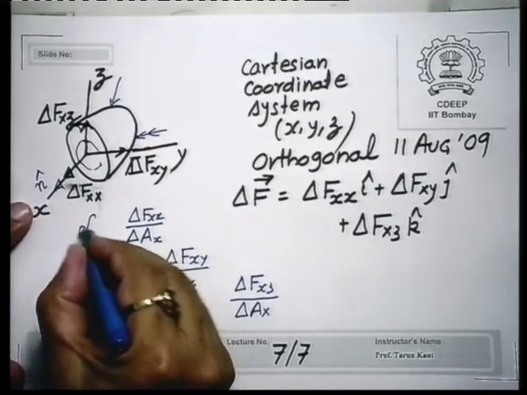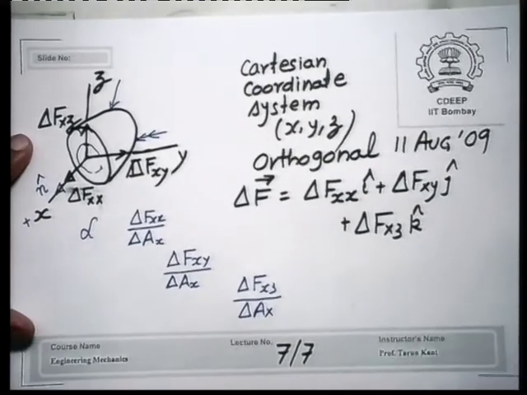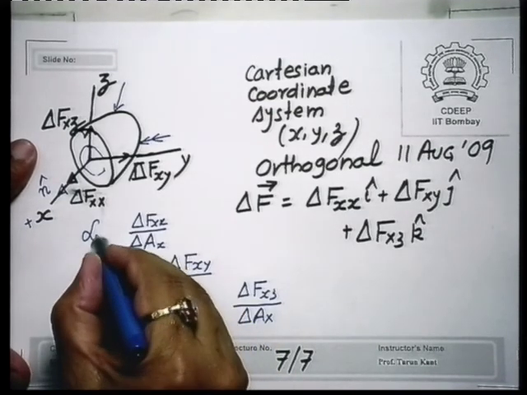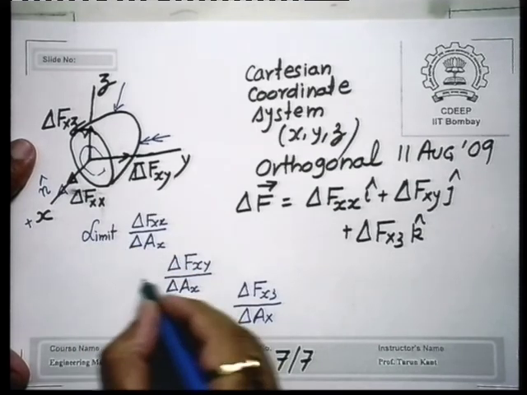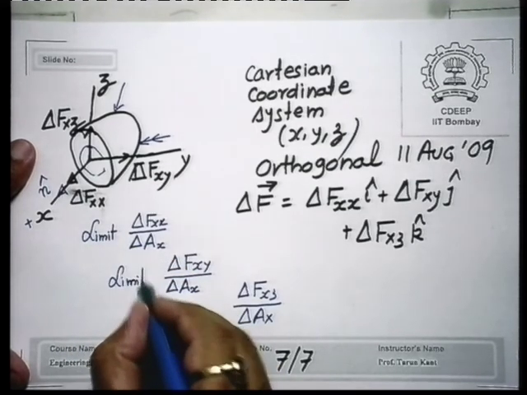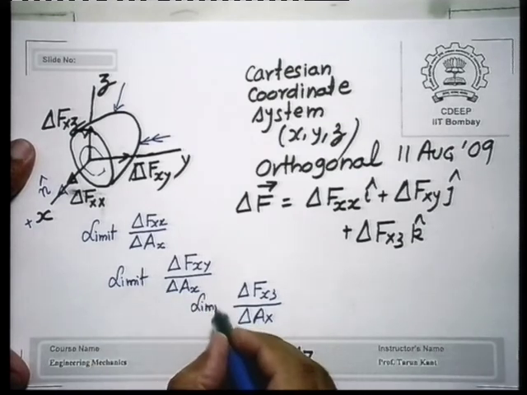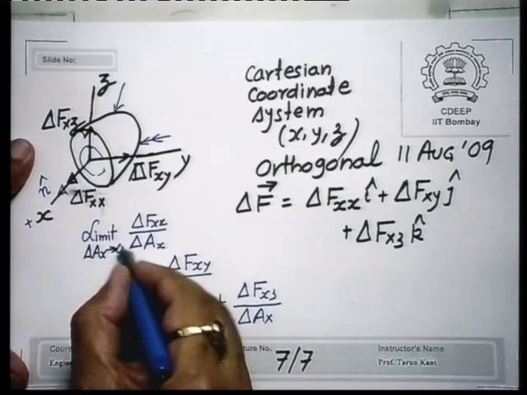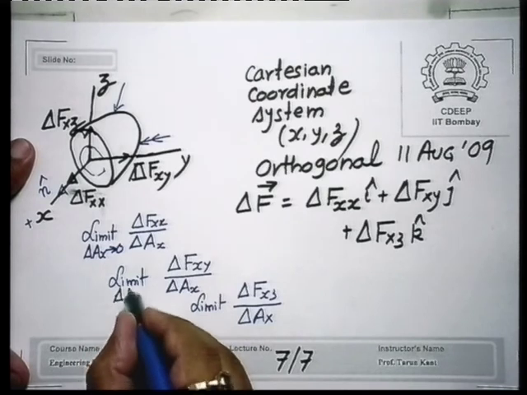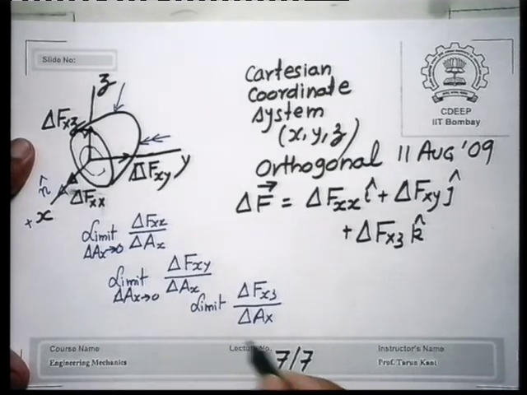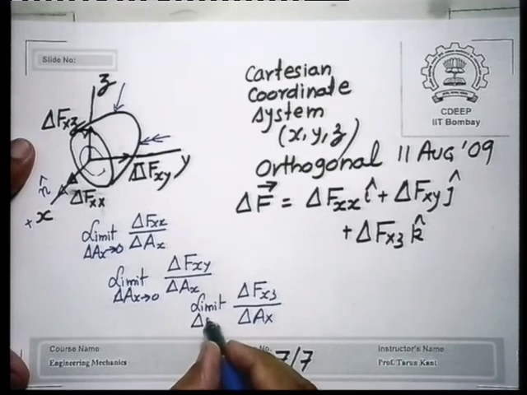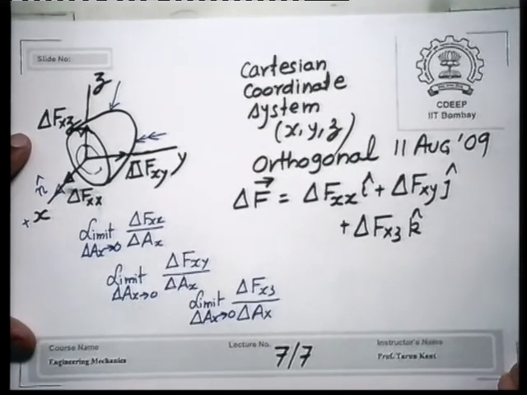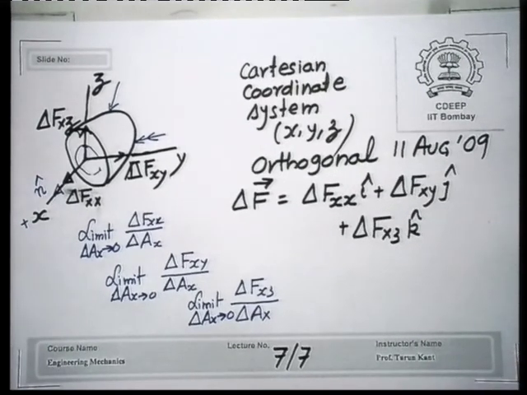Then I take the limit of these quantities, because you know differential calculus, when you define a quantity at a point, you must take the limit as delta Ax tends to 0, as area tends to 0, it will become a point.